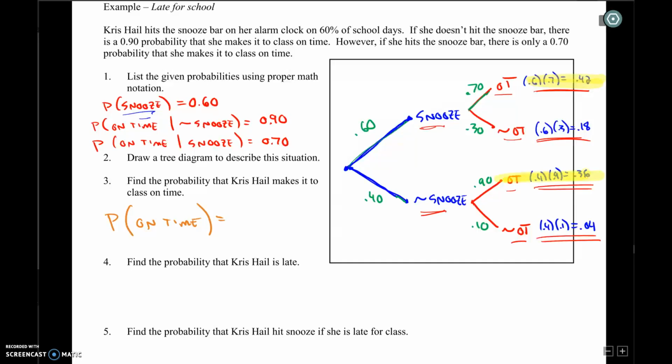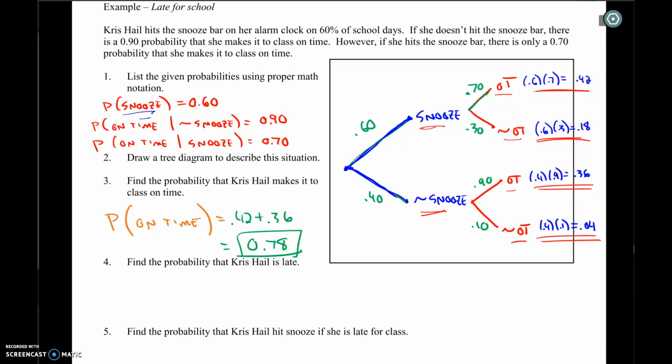But because those are mutually exclusive, you can just add them up. It is 0.42 plus 0.36, which is 0.78. So she's going to make it to class on time 78% of the time.